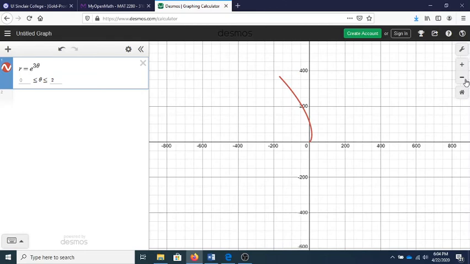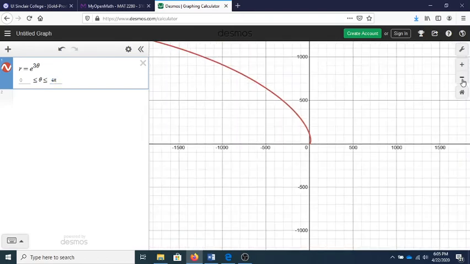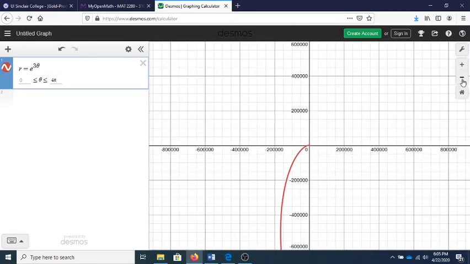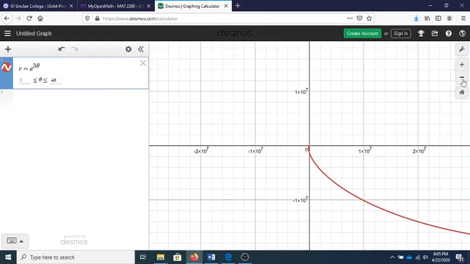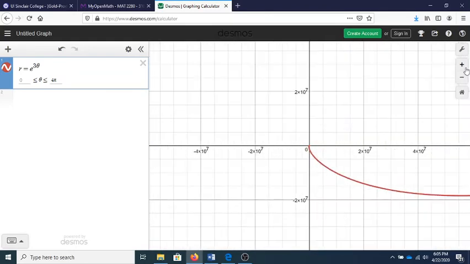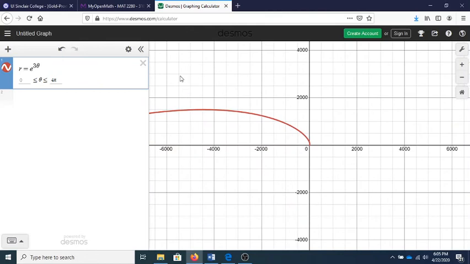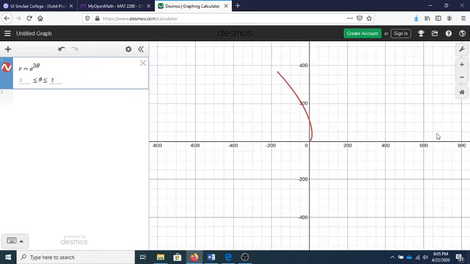I think this is just another spiral, but e to the 3 theta grows faster than theta squared. What if we went farther, to like 4 pi, and then kept going out? Yeah, have to go pretty far, but it does look like it eventually turns. That is definitely a wide-ranging spiral. Well, we're really just looking at theta from 0 to 2. Okay, so we want to find this arc length. Got it.